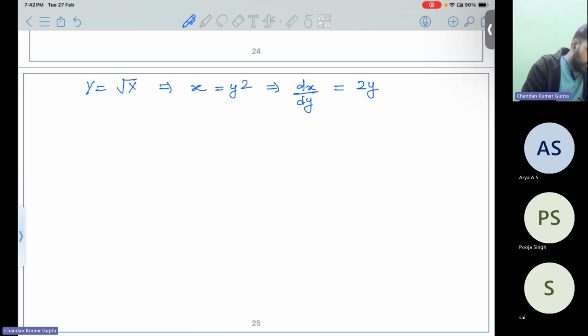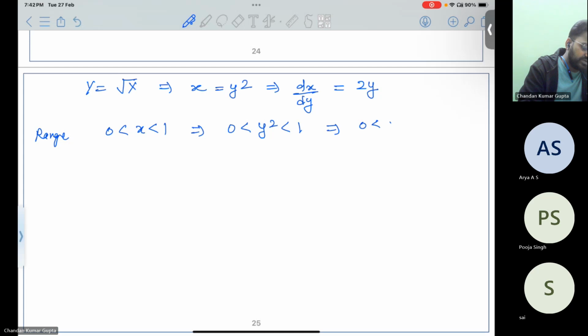Also the range: since x lies within 0 to 1 and x equal to y square lies within 0 to 1, that means y lies within 0 to 1.